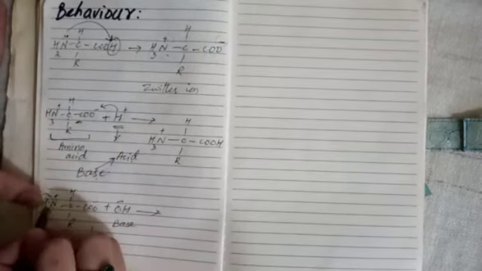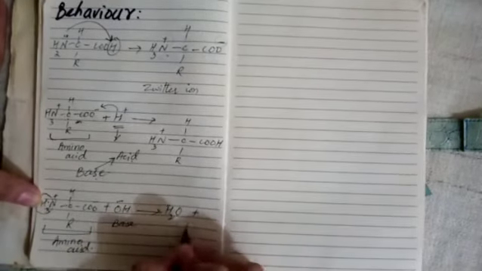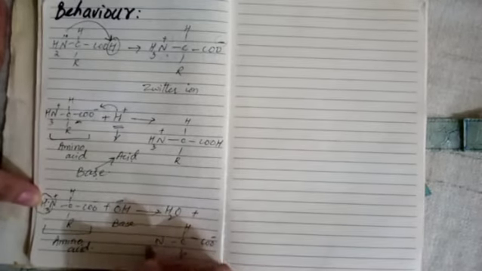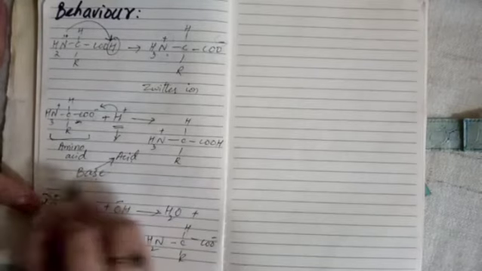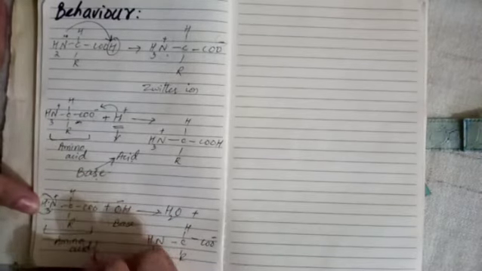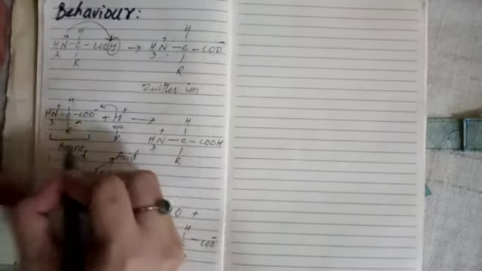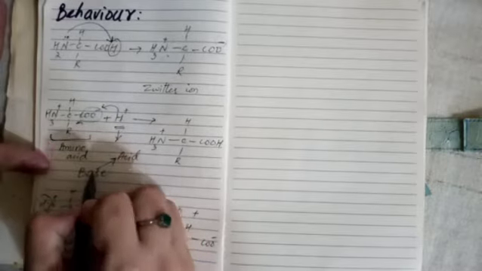OH negative plus one proton from here makes water plus CHR COO negative and NH2. So here it is donating this proton, so it is behaving like an acid and reacting with this base. Here it is accepting this proton from this part, so it is behaving like a base.